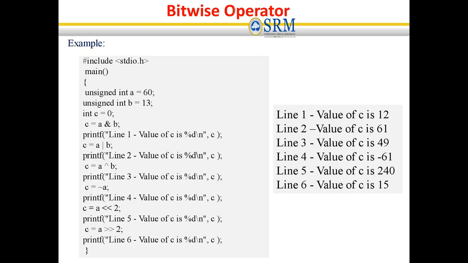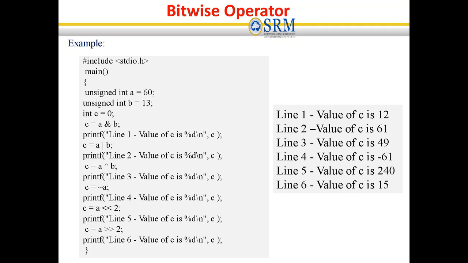The bitwise AND operator takes two numbers as operands and does AND on every bit of the two numbers. The result of AND is 1 only if both bits are 1. Similarly, the bitwise OR takes two numbers as operands and does OR on every bit of the two numbers. The result of OR is 1 if any of the two bits is 1.